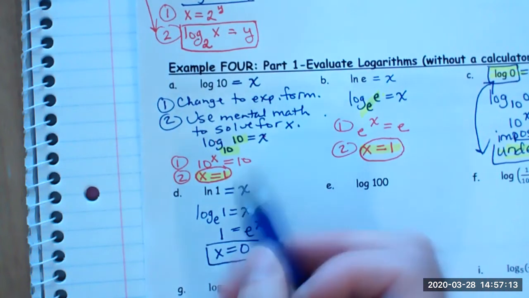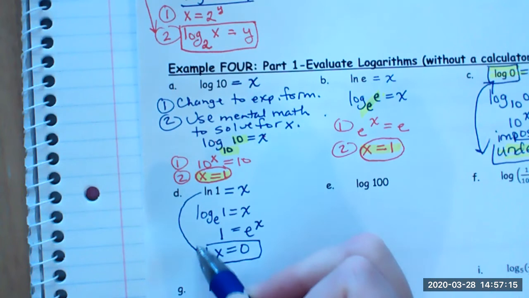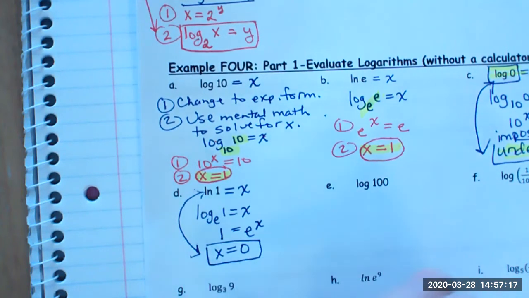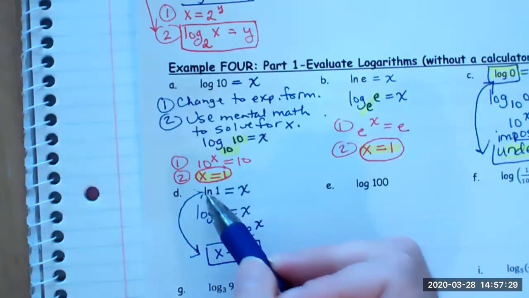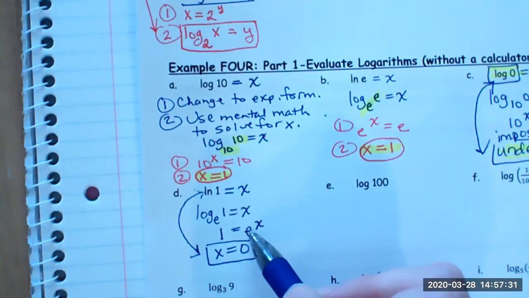So I want you to notice here what we came up with. The natural log of 1 was equal to 0. So if the natural log of 1 is equal to 0, we can extend that to actually any base. Because regardless of what this base was, to get the answer 1, the exponent would have to be 0.